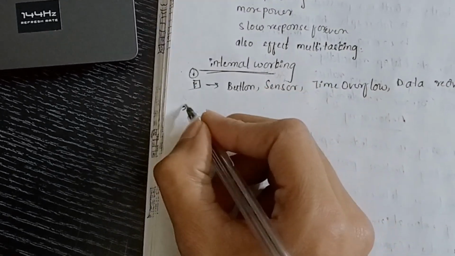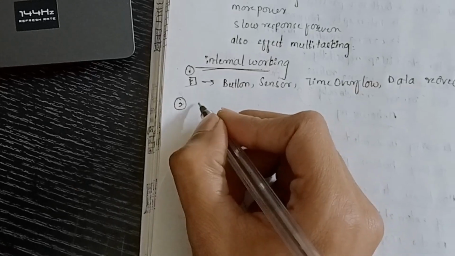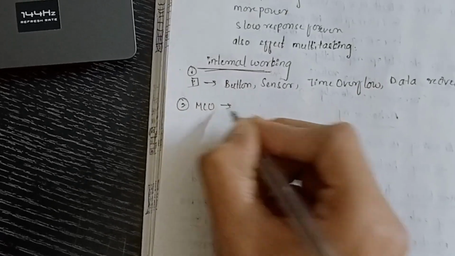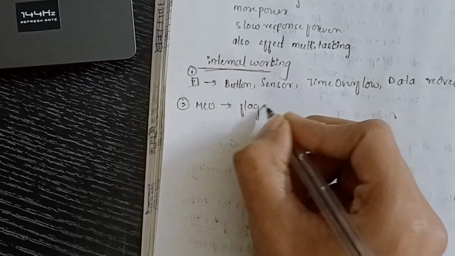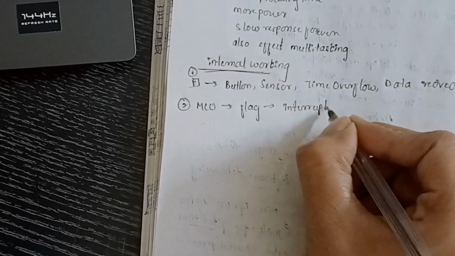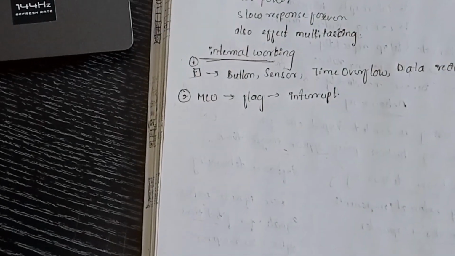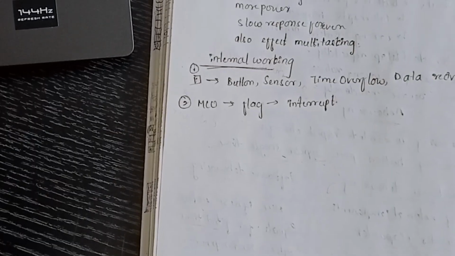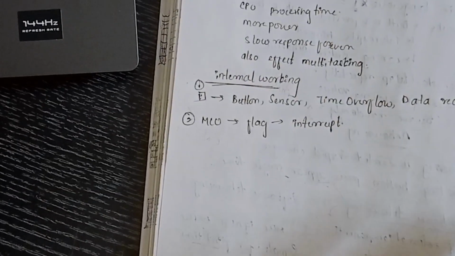The next stage would be that the microcontroller would flag the interrupt, like it notifies that a task has arrived or is pending.